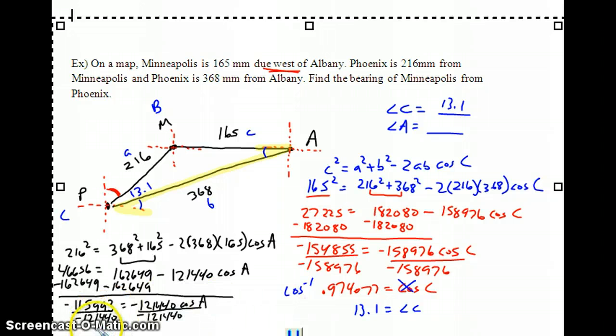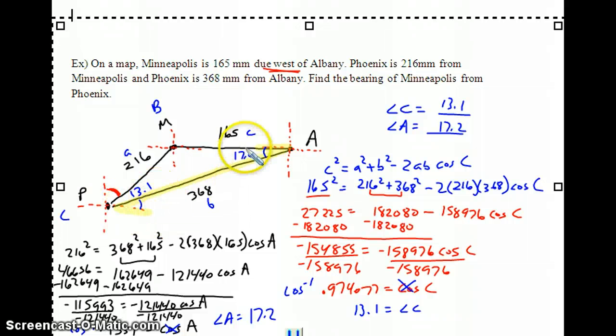We get 0.9551, and it keeps going on, and that's the cosine of A. Again, I want to figure out what A is, so I take the cosine inverse, and I get angle A to be 17.2. So angle A is 17.2.